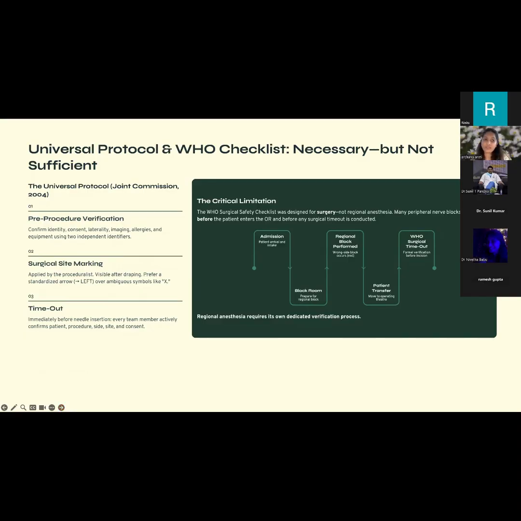Now the Universal Protocol and WHO checklist. We all know that when it comes to surgery, there's check-in, check-out, time-in and time-out, different terminologies used around the world. However, the basic concept is the same: stop before you perform anything, introduce all the people involved in the treatment and surgery, and make sure that every part is checked.